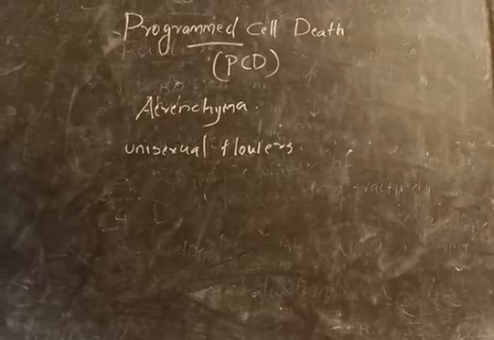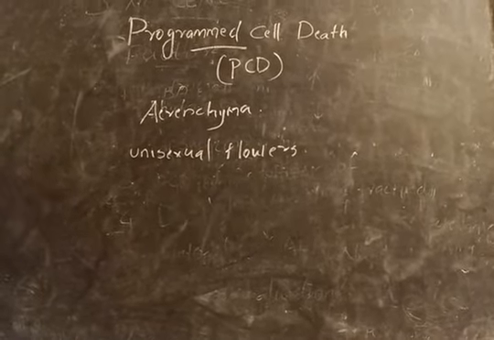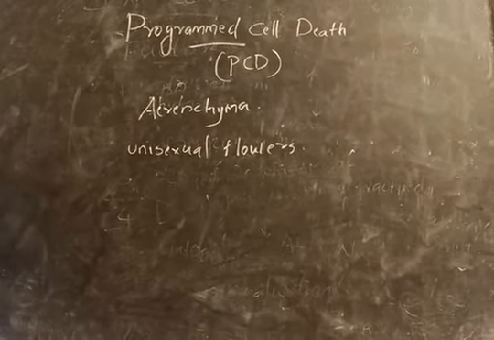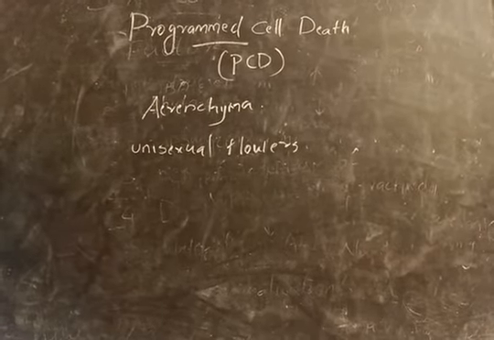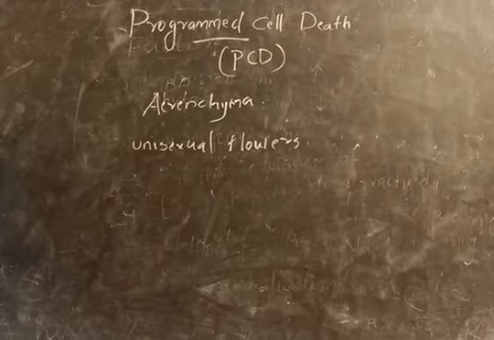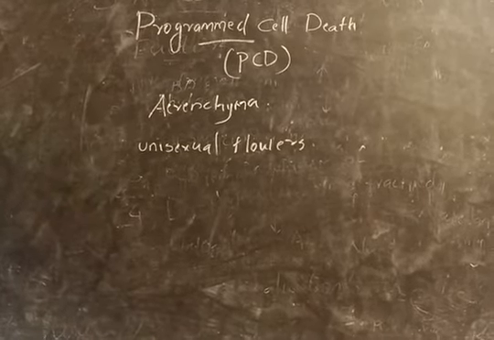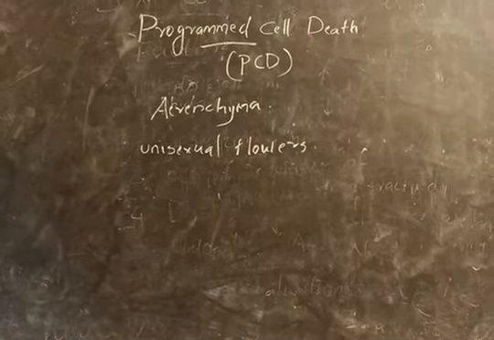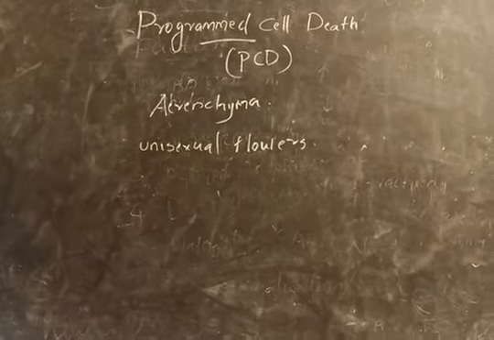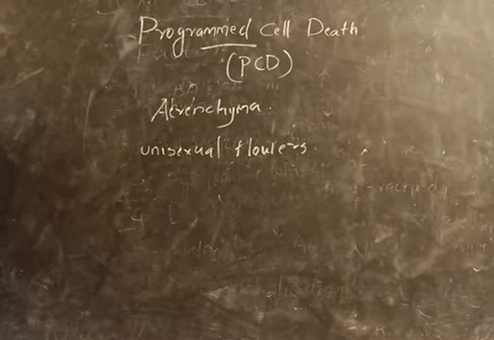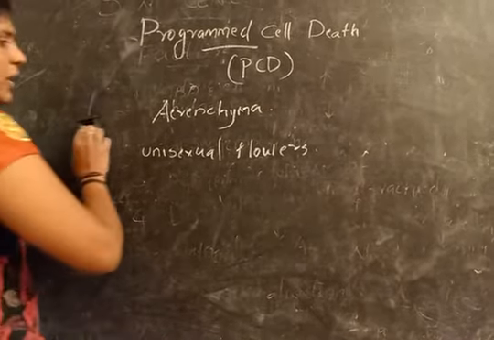So the presence of unisexual flowers in plants is due to programmed cell death. Initially both are present at early stages, but only one of the two completes its development and the other aborts due to programmed cell death. So these are about programmed cell death.